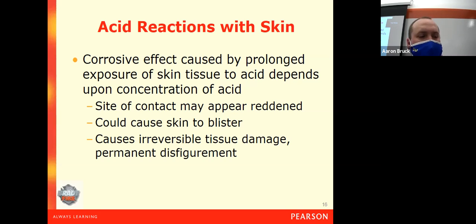And then finally, even longer exposure, especially with high concentration, can lead to some pretty significant tissue damage and potentially disfigurement of the person, depending upon what part of their body is being exposed.